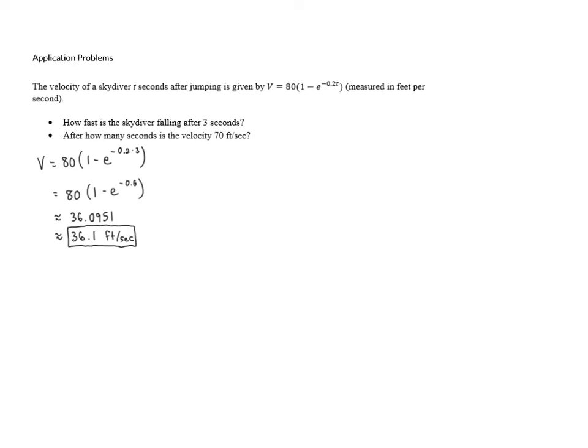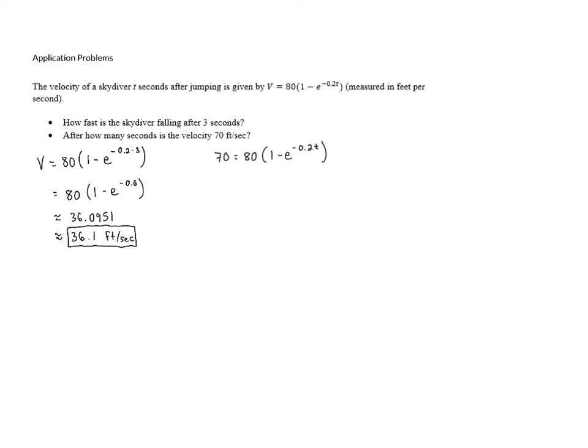second. For the second question, after how many seconds is the velocity 70 feet per second, instead of substituting in a value for t and solving for v, we're given the velocity that we want and we need to solve for the time. So in this case, we end up with 70 equals 80 times 1 minus e to the negative 0.2 t.